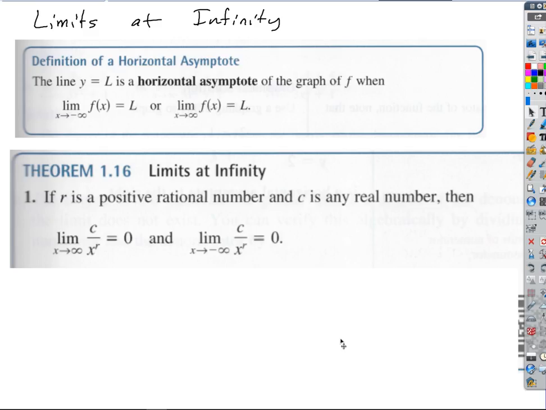Liz, can you think, why are those fractions going to 0? As x goes to infinity, what's happening to that that's making that thing go to 0? Think about just the behavior of a fraction. How do you make a big fraction? How do you make a fraction that has a big value? And how do you make a fraction?